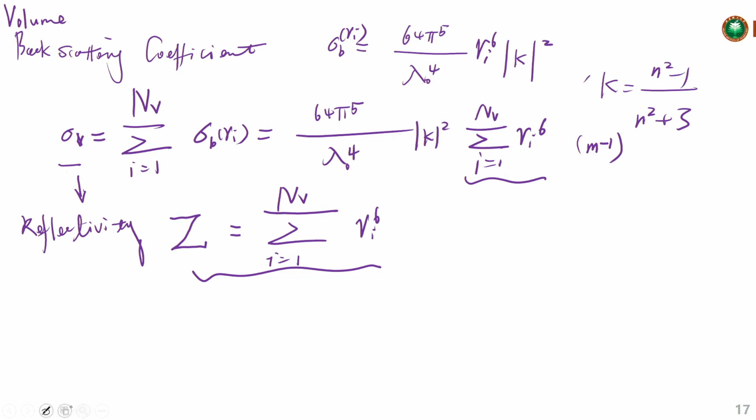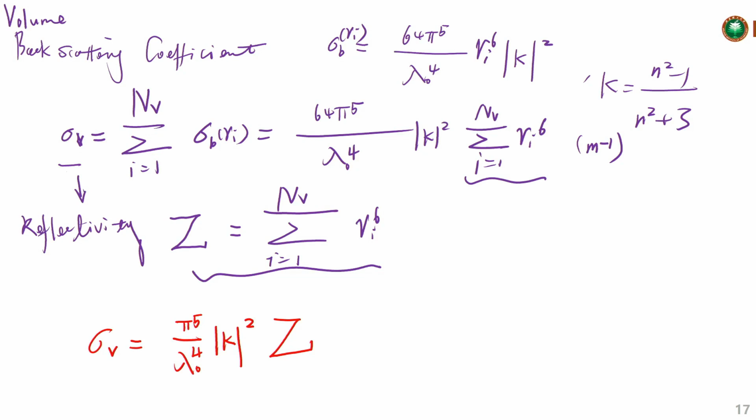So we get the relation between the backscattering cross section and the reflectivity. There is a term of pi to the power 5 divided by lambda naught to the power 4, times the term K squared.